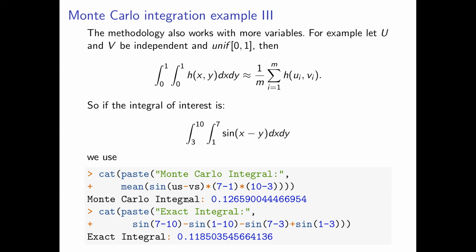So we look at simulated values for the x's and for the y's, in this case the u's and the v's, and for both at the same time we take this arithmetic mean and therefore end up with the Monte Carlo integral within the three-dimensional space.